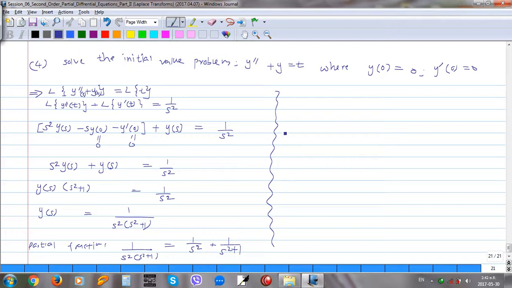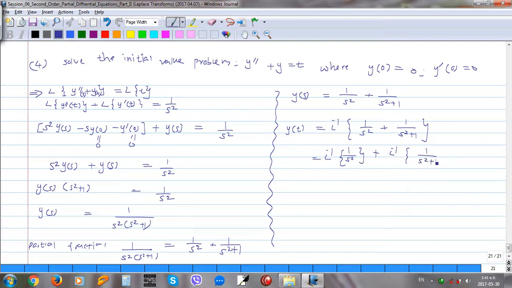Then we can write Y(s) equals 1 over s square minus 1 over s square plus 1. Then we can find y(t) by taking the inverse Laplace transformation of 1 over s square and 1 over s square plus 1 separately.